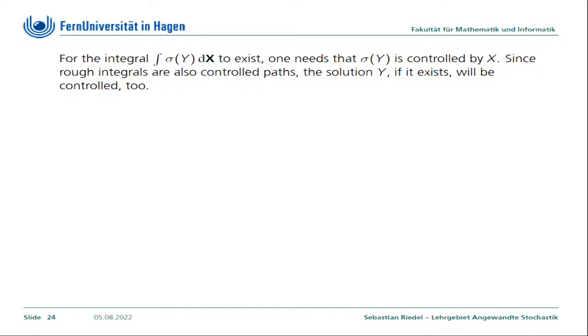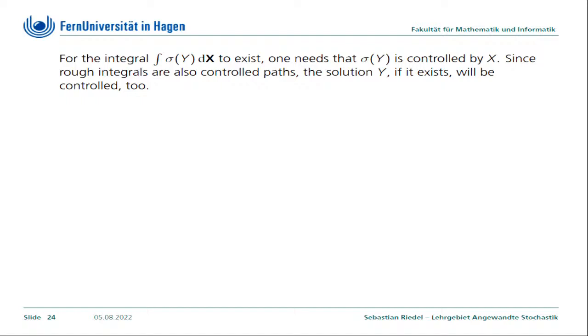Okay, so let's think a bit about this definition. For the integral to exist as a rough integral, we need that sigma of y here is controlled by x. Then we can make sure that this integral exists. We know that rough integrals are also controlled paths.